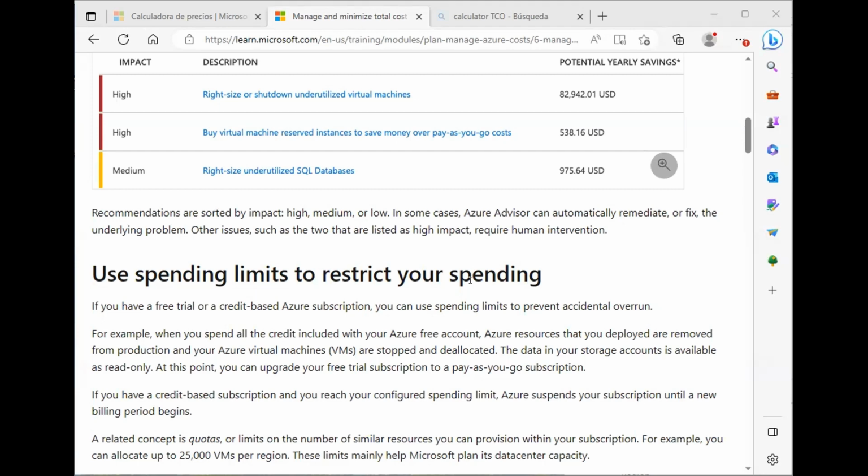For example, you can allocate up to 25,000 virtual machines per region. These limits mainly help Microsoft plan its data center capacity.